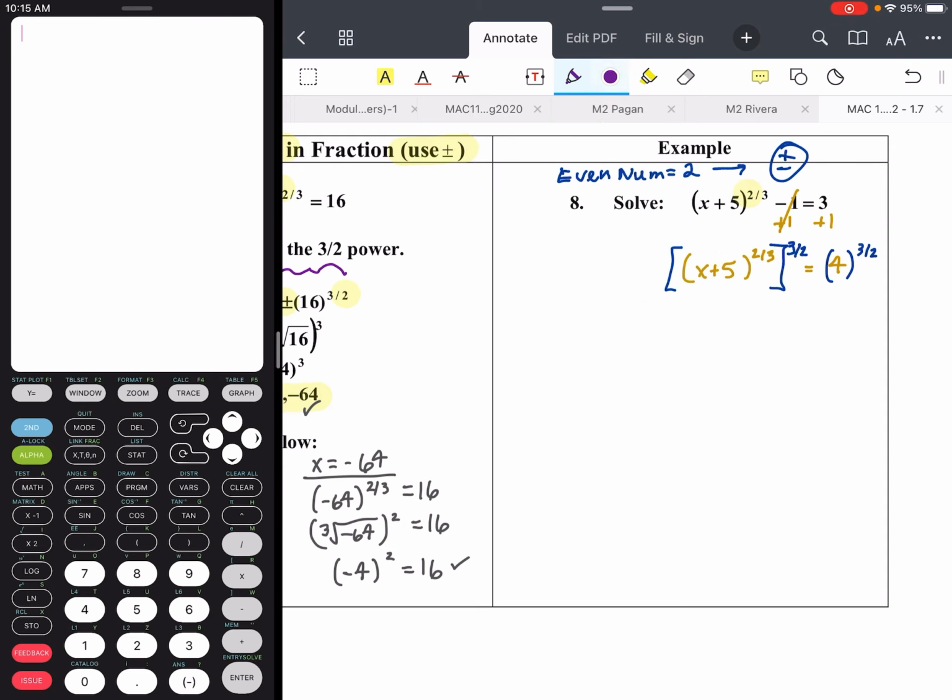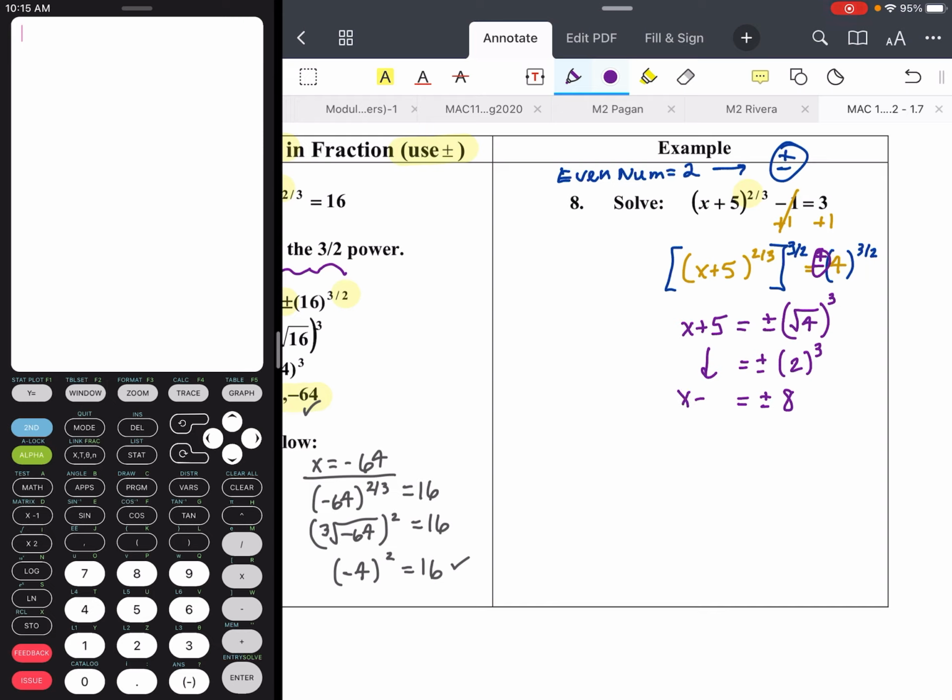So over here on the right, where I have 4 raised to the power 3/2, I need to include that plus or minus. So on the left, I just have x plus 5. On the right, I have plus or minus 4 to the power 3/2, which I'm going to start simplifying as the square root of 4 raised to the power 3. So this is plus or minus 2 raised to the power 3, which is plus or minus 8.